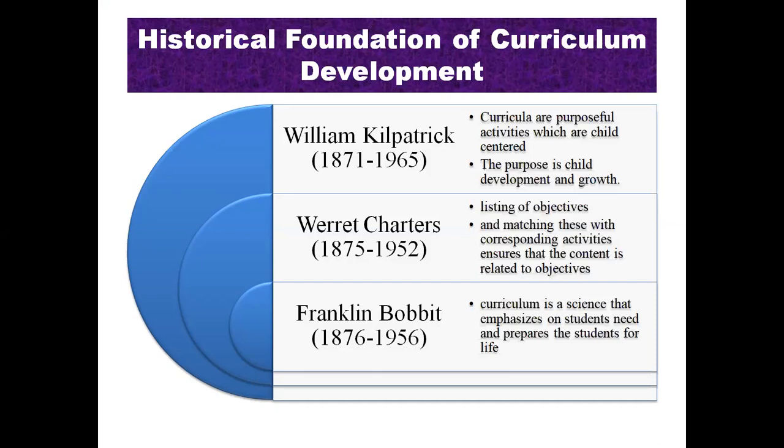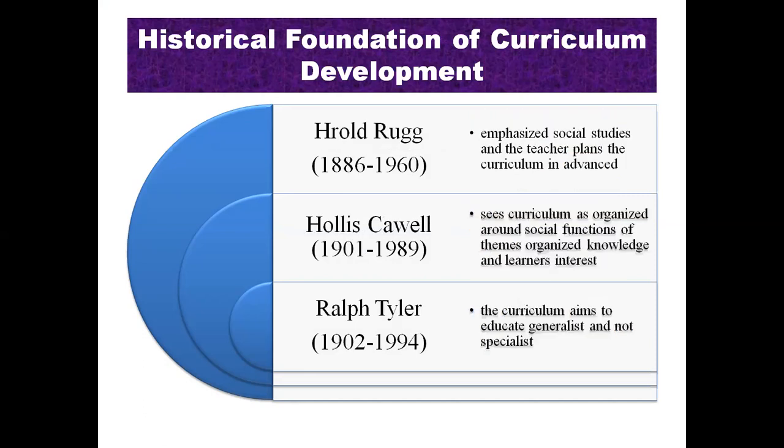Then Franklin Bobbitt, 1876-1956: curriculum is a science that emphasizes students' need and prepares the students for life. Arlord Rugg, 1886-1960, emphasized social studies, and the teacher planned the curriculum in advance.